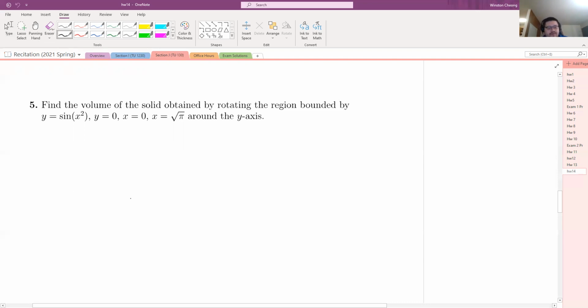Well, we have these 3 lines that end up bounding our region, and then we have y equal to sine of x squared. It would make sense to just graph the sine of x squared if you really don't know how it looks.